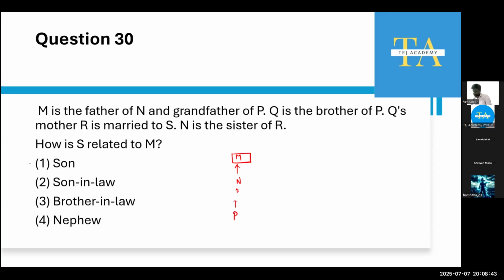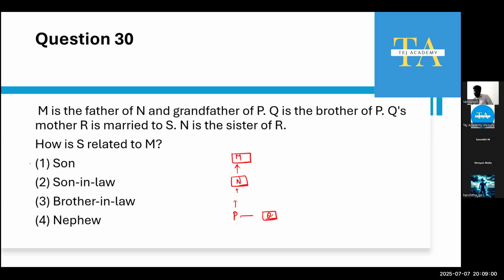Second generation. So that means we got the gender of N also. He is the male person. And Q is a brother of P. So P's brother is Q.